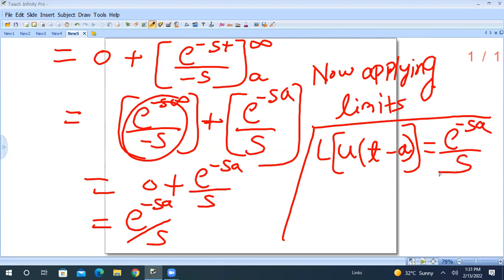This is the derivation of the Laplace transform of the unit step function. We may mention this. Next we will revise this once again with slide number 3.